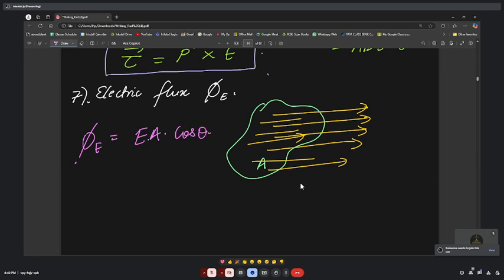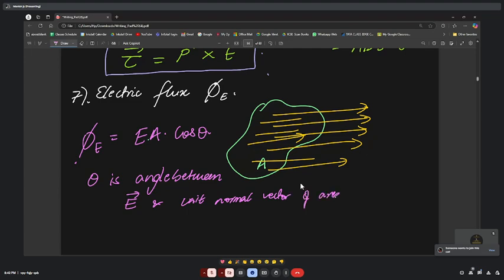That's the formula. Here you need to understand that theta is the angle between the electric field E and the unit normal vector of area, which is given as n cap.